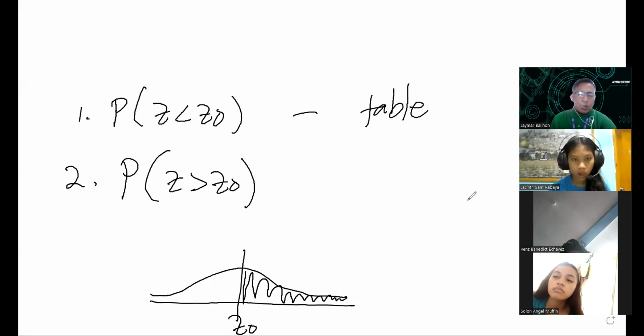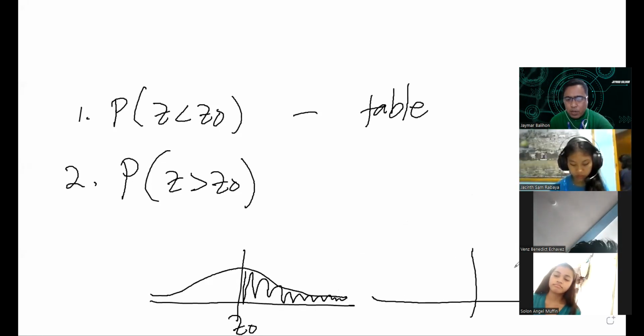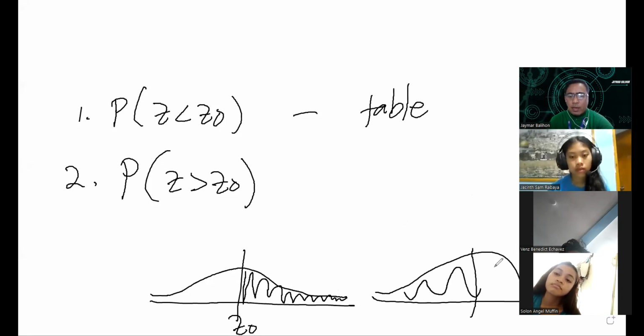If you look at this one, you cannot solve it directly using the table, because it is a table for less than. But if we draw the same figure and shade everything, it is 100%, right?